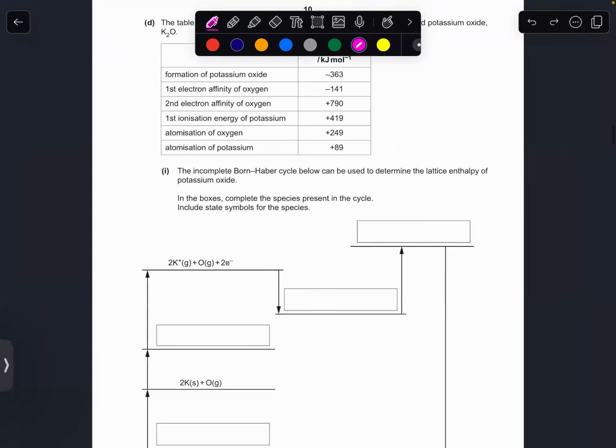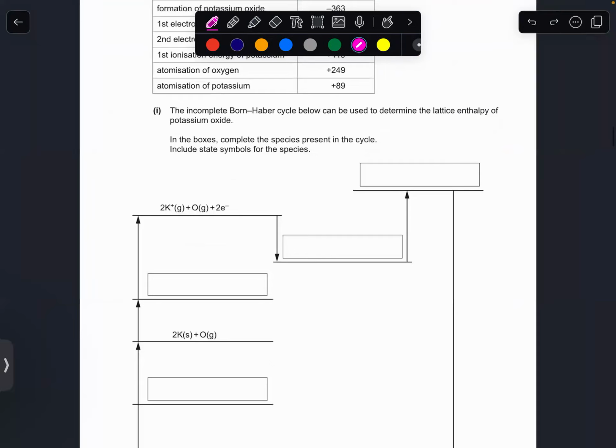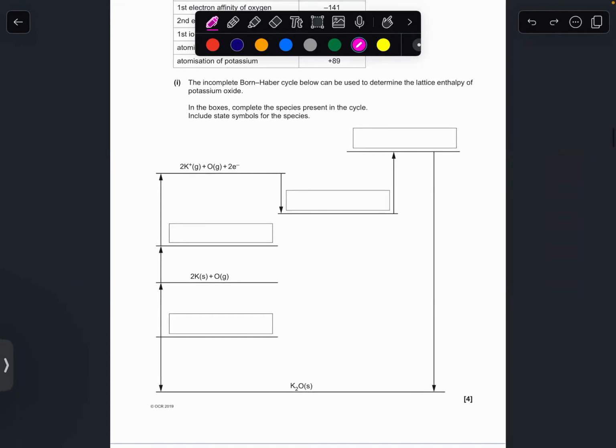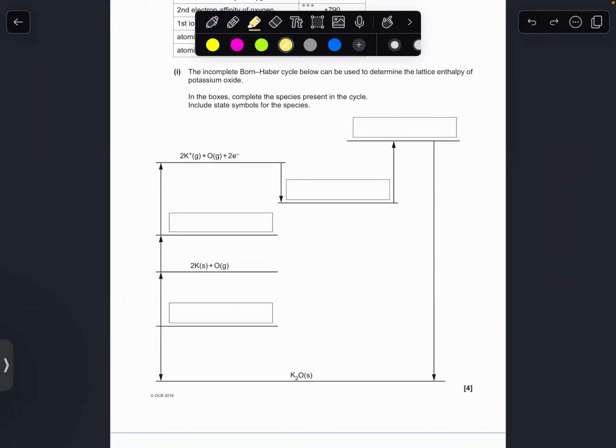We've got here the Born-Haber cycle to determine the lattice enthalpy of potassium oxide. Complete them. So you see the first one is the formation.